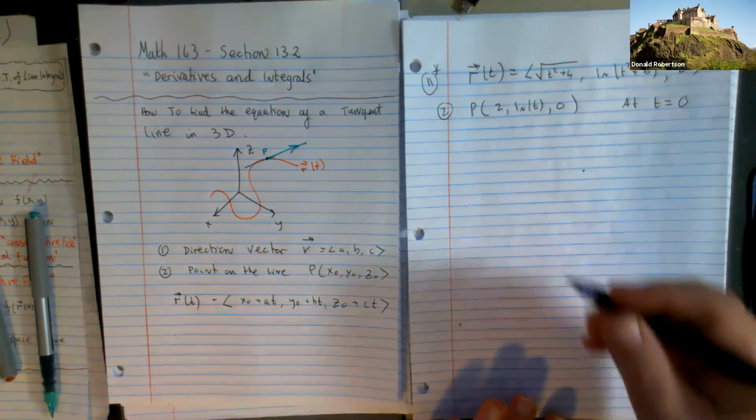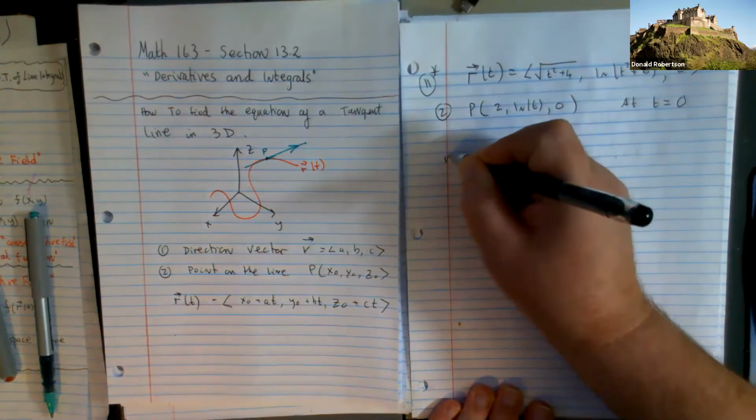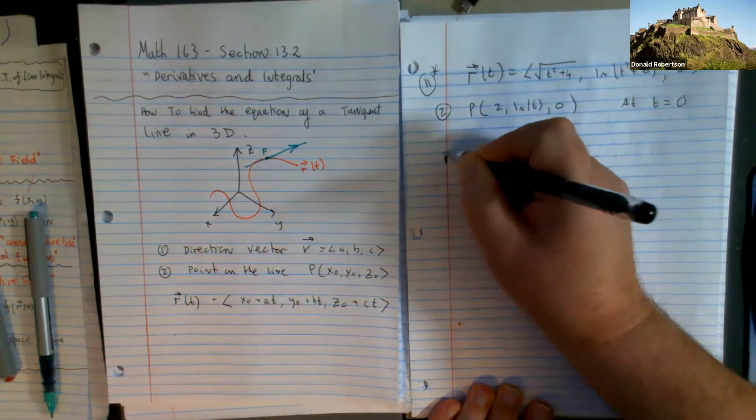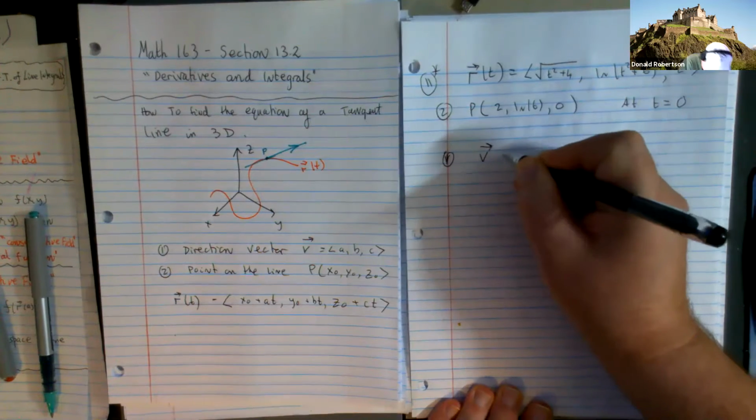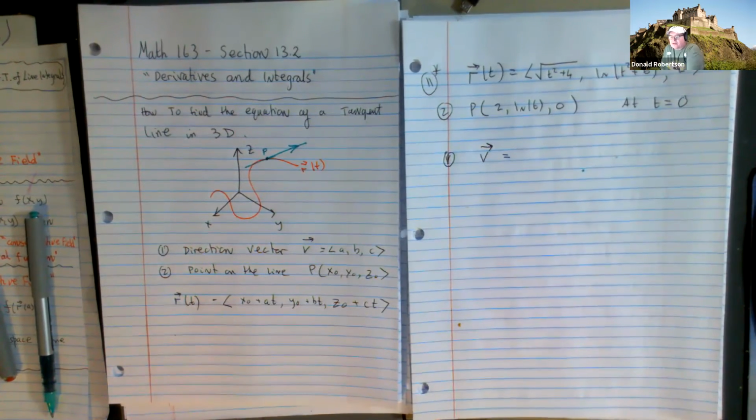Now, how do you think I'm going to get number 1? How do you think I'm going to get the direction vector? It involves something we've already done yesterday. Derivative?